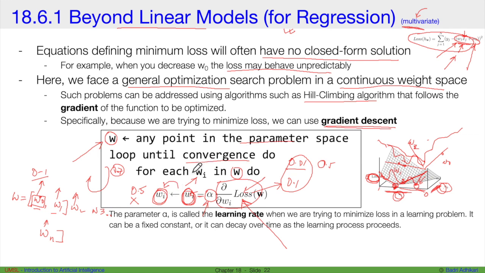So when we say loop until convergence, we mean until the weights don't change. Let's say that for up to 100 epochs, or 100 rounds of this for loop, I see that there are no changes in any of the weights, then I can stop, or choose many other ways in which we can stop the outer loop.